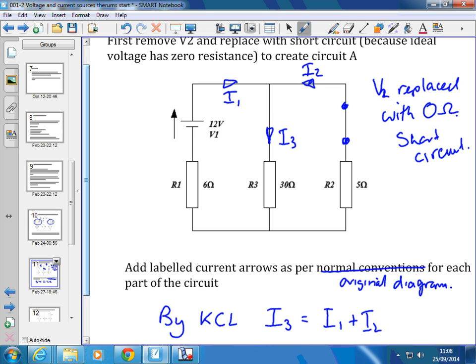Okay, so given the information that you've currently got about that circuit, what further information can you calculate? What other information could we put on it according to conventions? Volt drops, yeah. I'll tell you what I'm going to do. We'll put volt drops on in green.